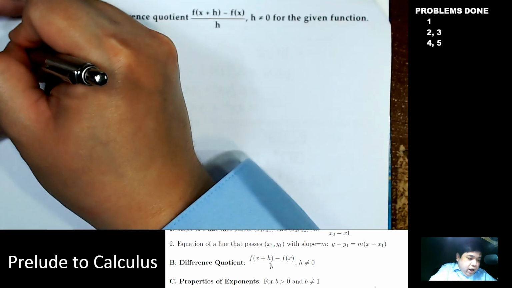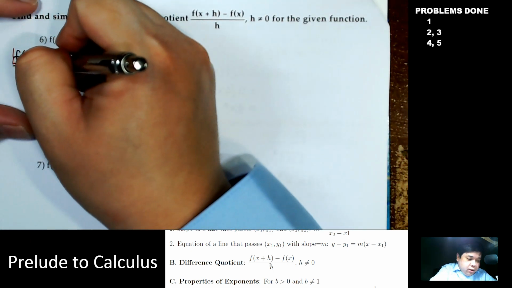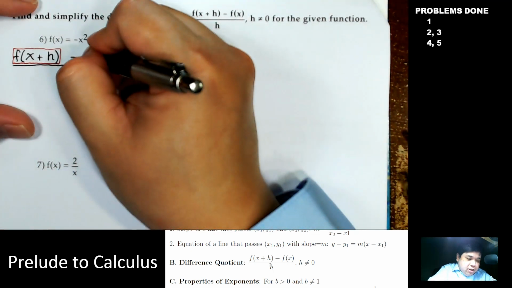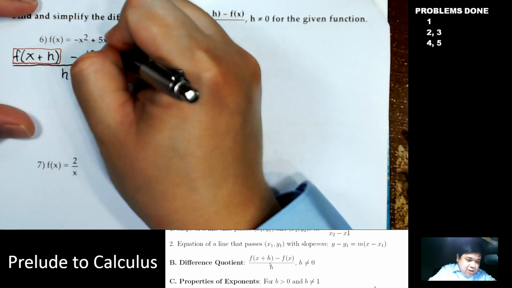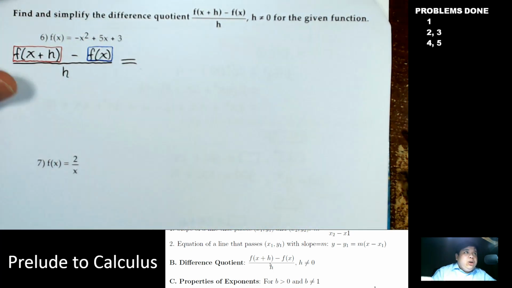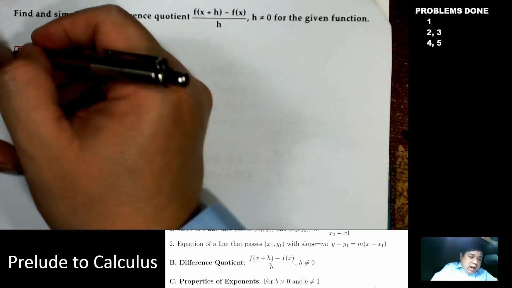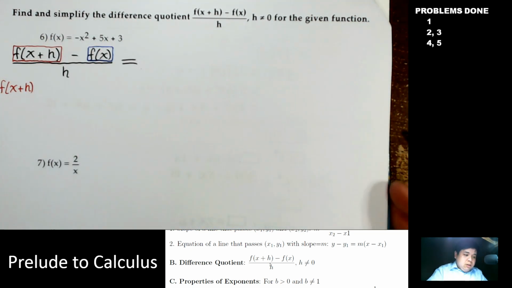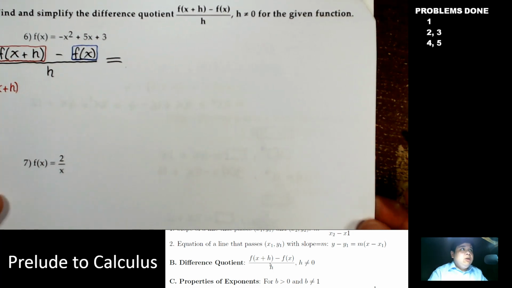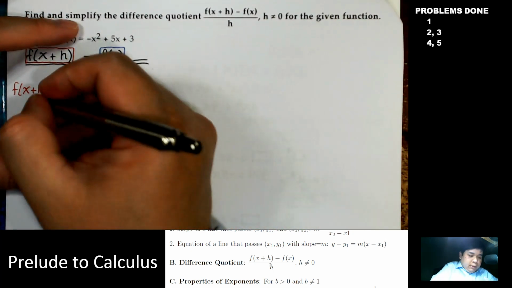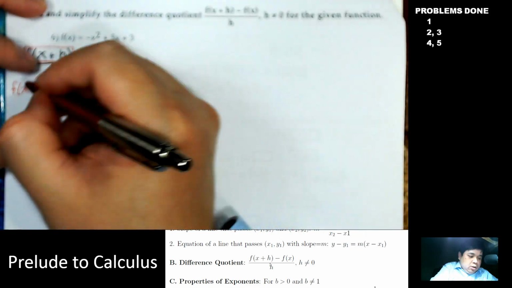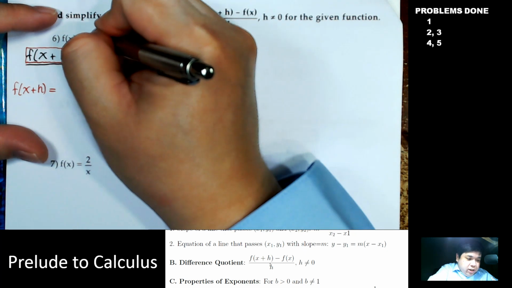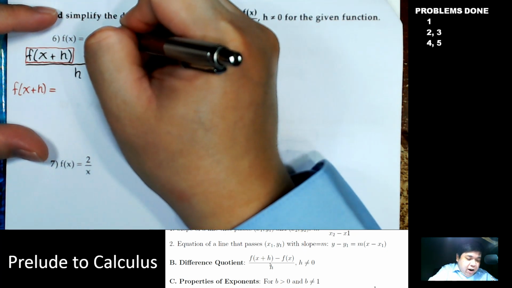So in this one we have f of x plus h, and then f of x over h. Right. So let's look at f of x plus h. For the function f of x, we see there's an x here and a 5x here.